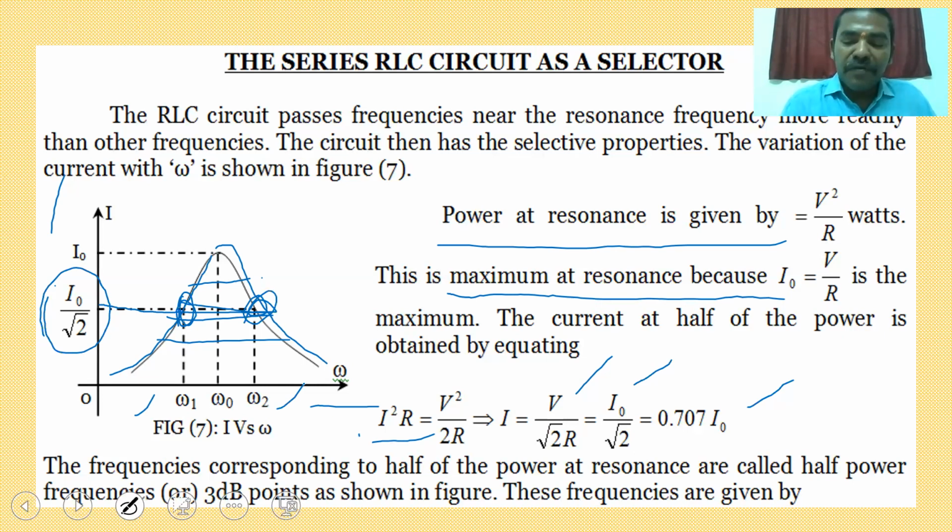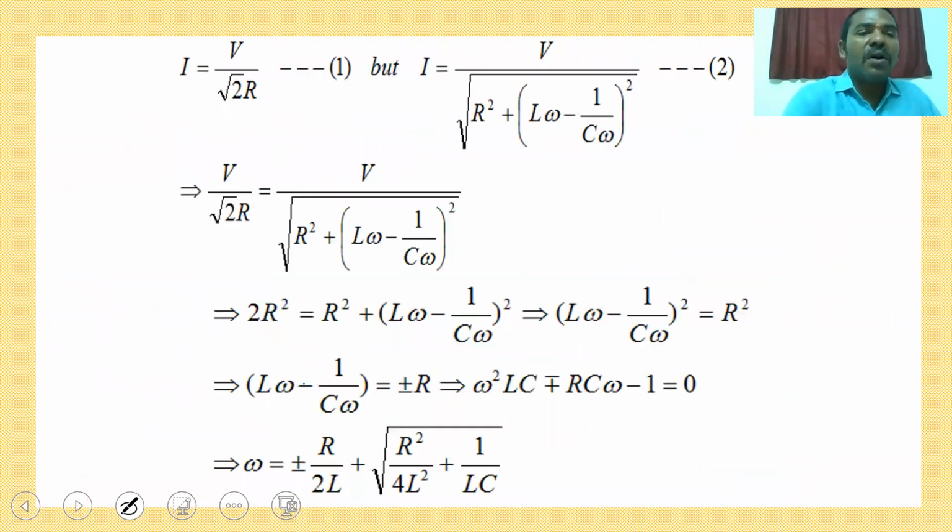For finding these values, I is equal to V by root 2 into R, and also for an RLC circuit, I is equal to V divided by root of R square plus L omega minus 1 by C omega whole square.